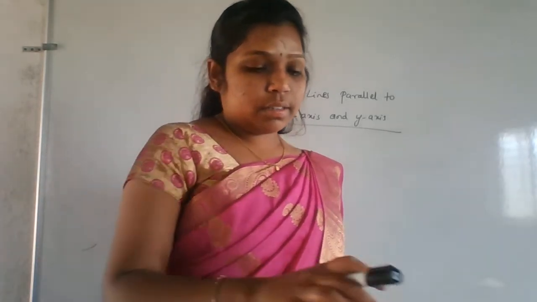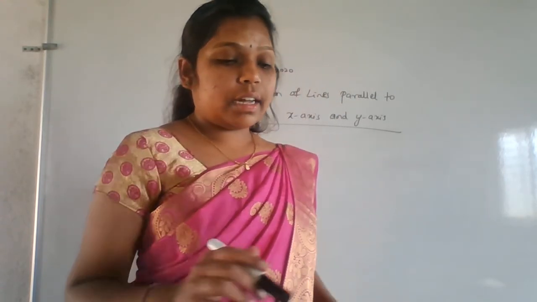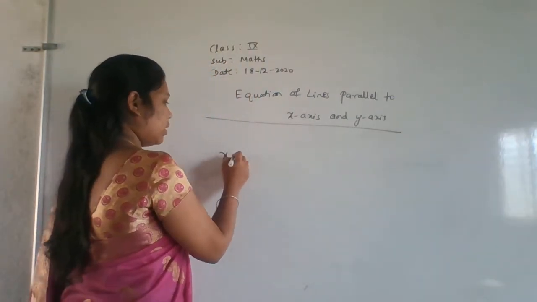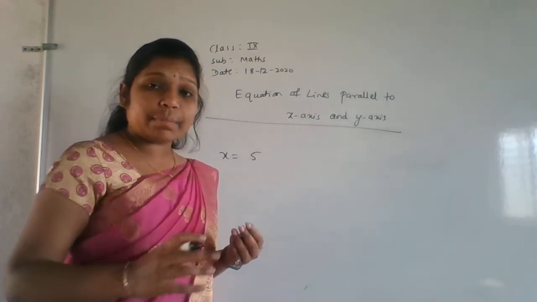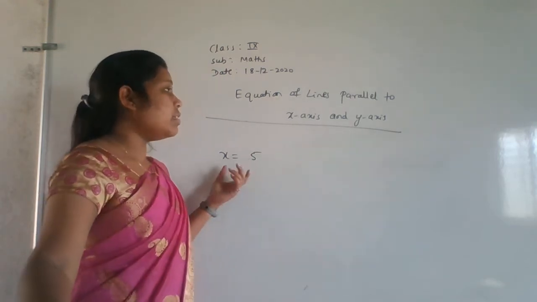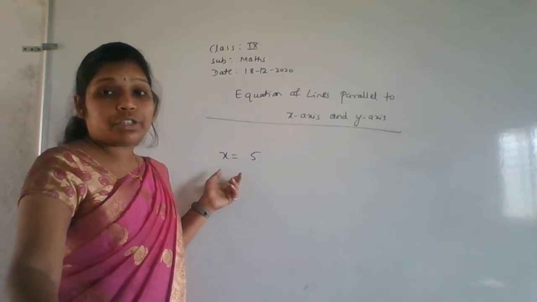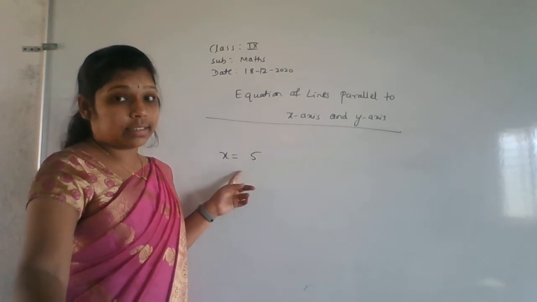If it is x equal to 5, x equal to 6, x equal to 7, whatever it may be, that is always the equation of a line parallel to the y axis.